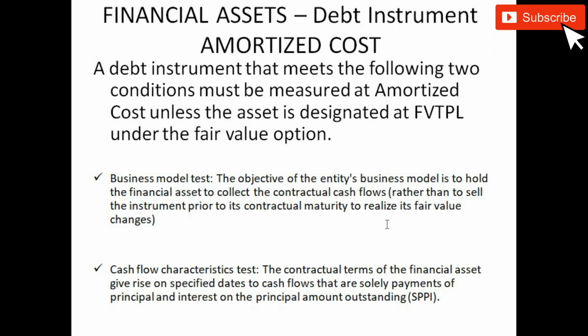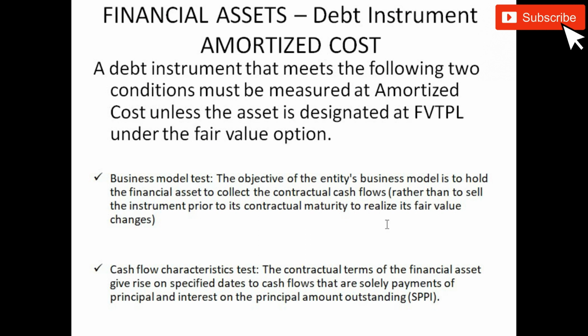Let's take note of this. An entity has the option to opt for fair value through profit or loss. But where the entity does not, a debt instrument should be amortized when these two conditions are met.